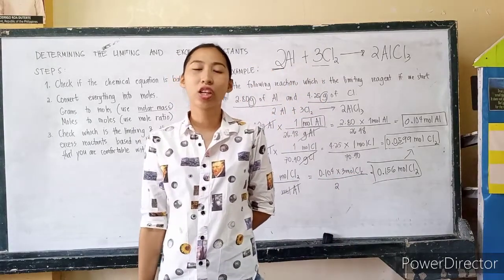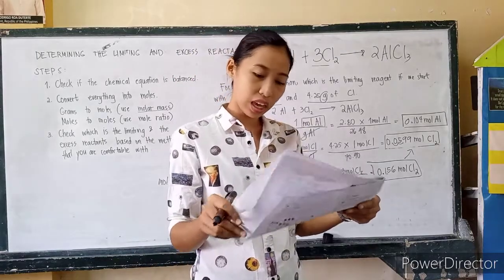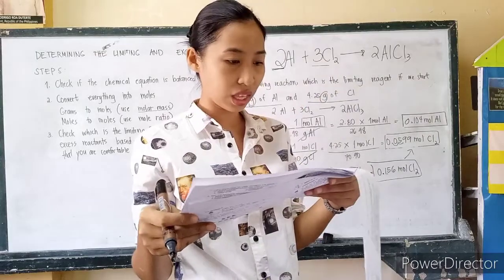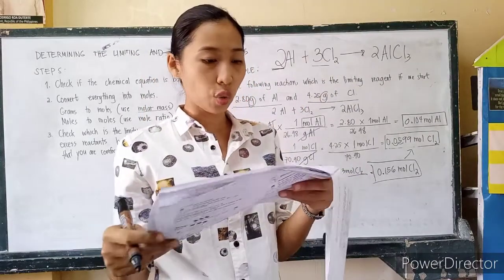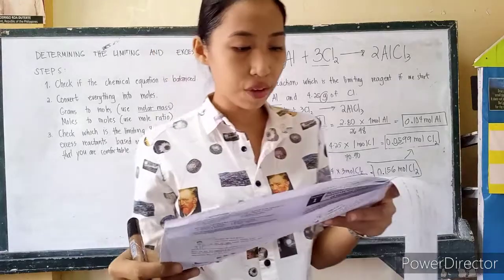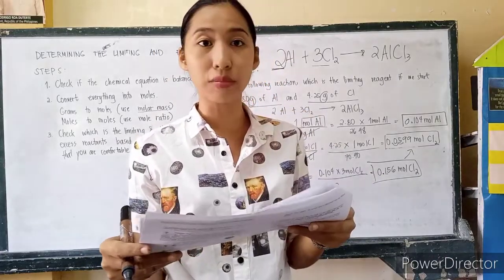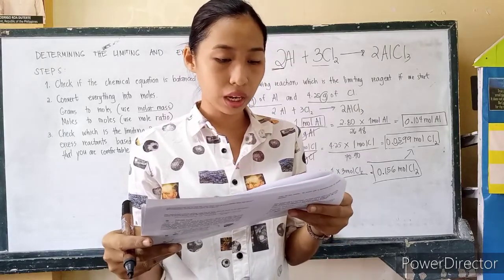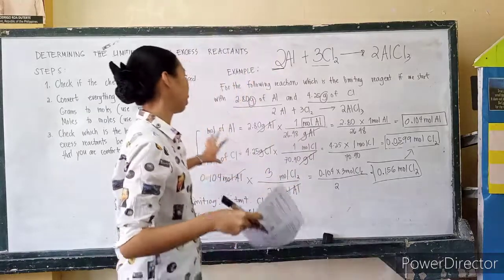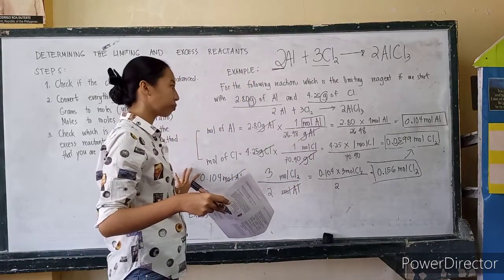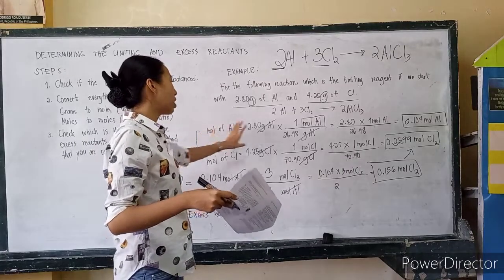Okay, so now let us proceed. I am done with determining limiting reactants. I think the activity has 2 items in the what's more part. In the what's more part, the moles are already given, so you don't need to convert from grams to moles. Automatically, what you will do there is the earlier part, not this one, because this one still needs grams to moles.